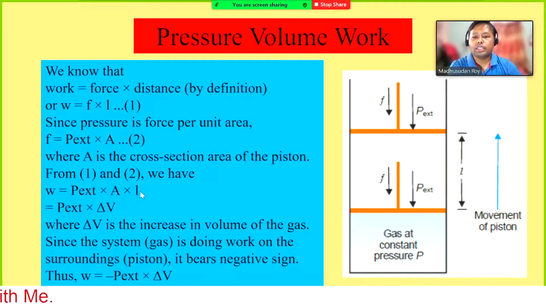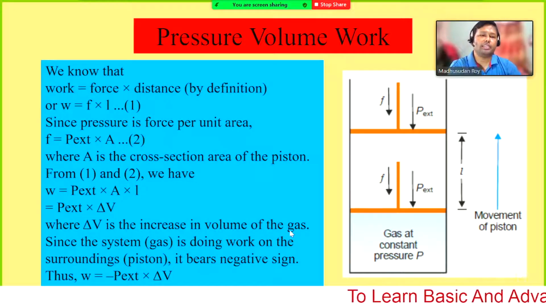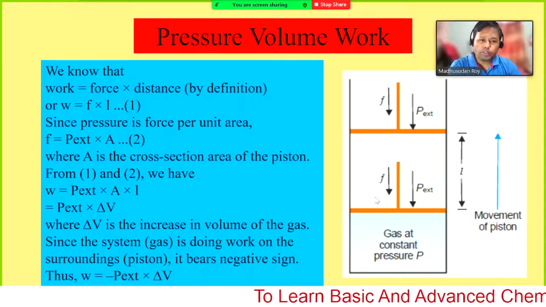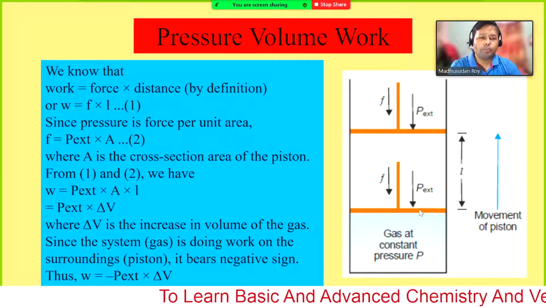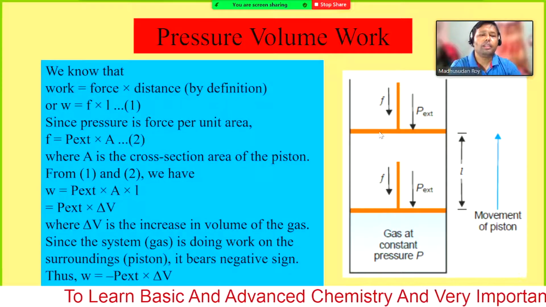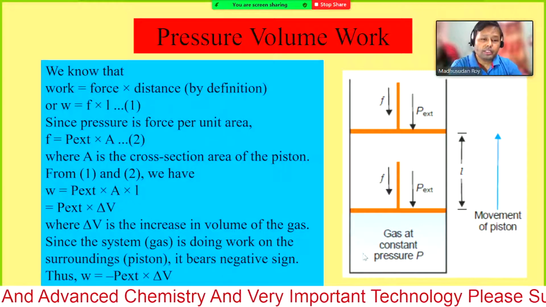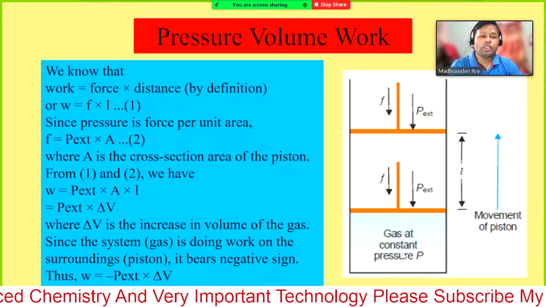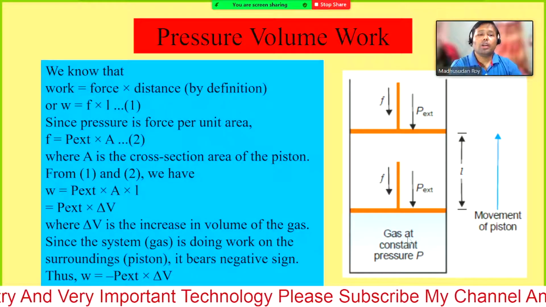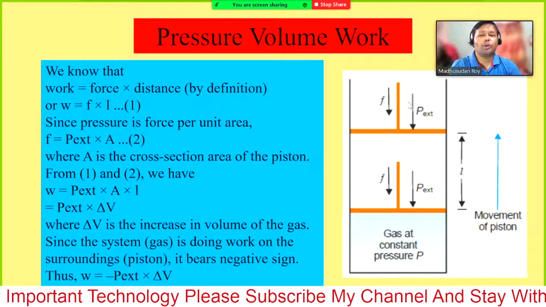So this A into L is delta V, where delta V is the increase in volume of the gas. If you move the piston from here to here, the gas has done work, that means the system has worked over the surroundings.